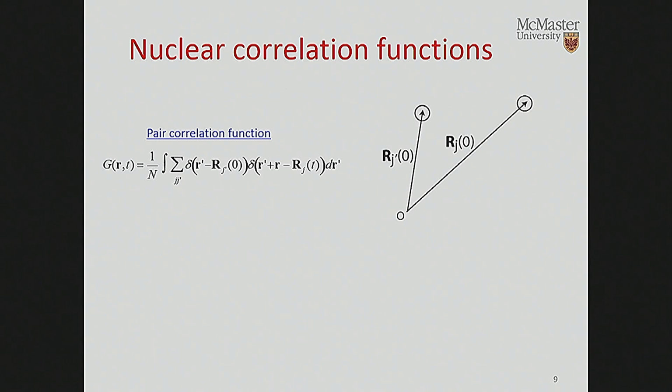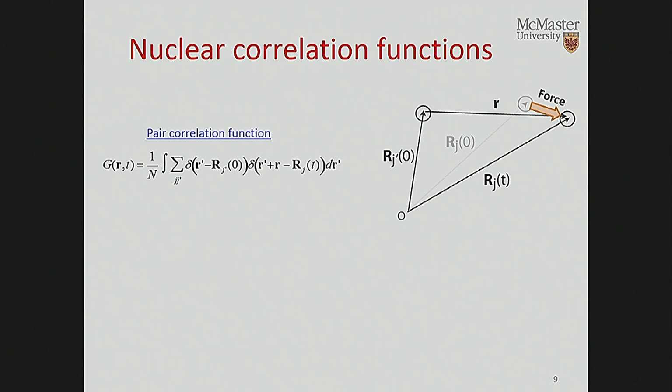Imagine, for example, that there are two atoms that you're keeping track of in a collection of atoms. There's atom J prime, which initially is here, and atom J, which initially is over here. Because of all the forces at work in the sample, this particular atom will move over here at some time t later.